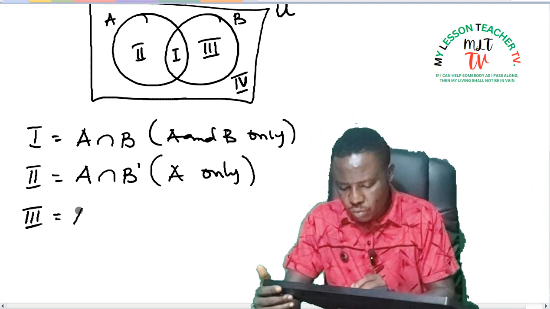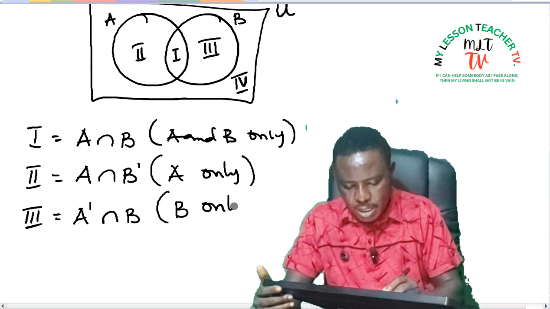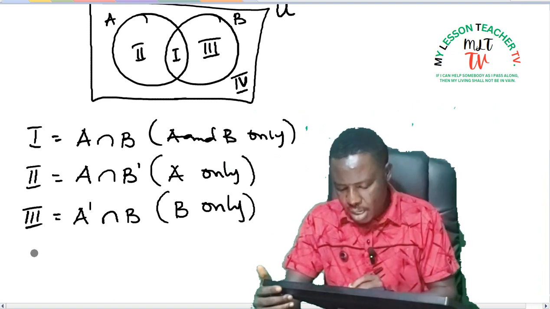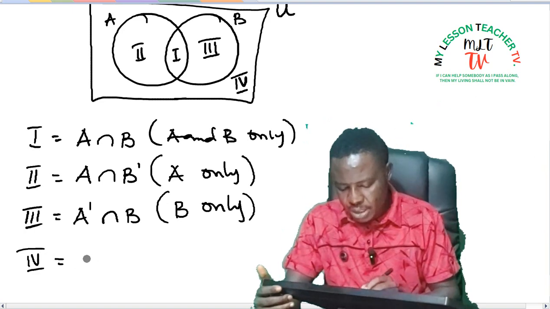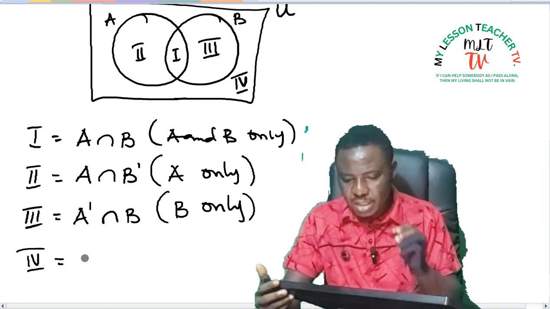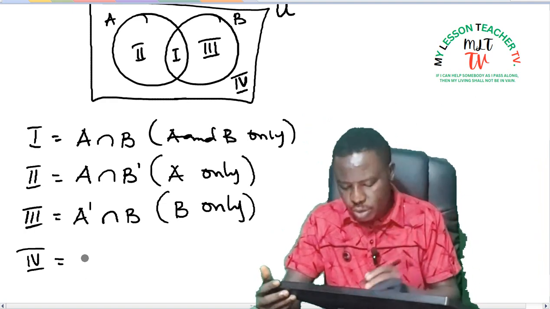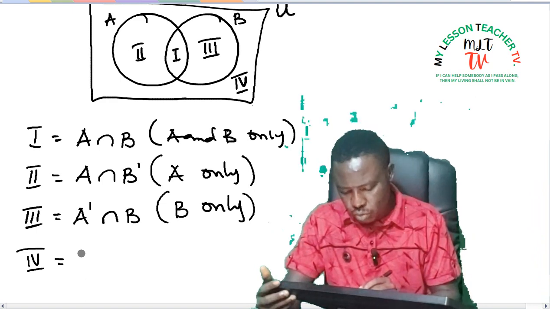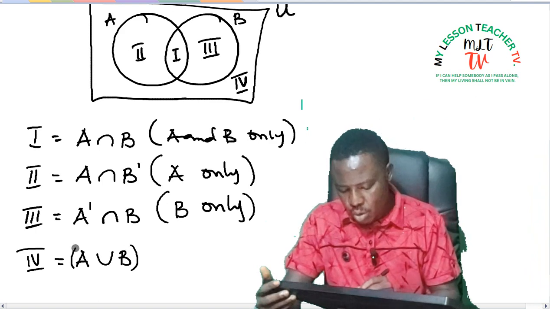Region 3 is said to be A prime intersection B, meaning elements that can be found only in B. And region 4, elements that can be found only in region 4. That is, they can be found only in the universal set. They can neither be found in A or B. So we refer to them as A union B prime.